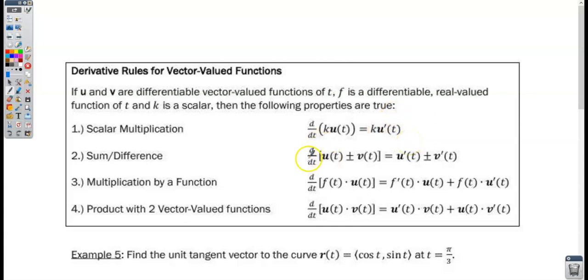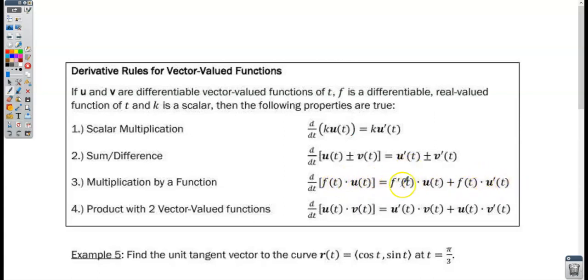Sum and difference rule: the derivative of the sum of two vector-valued functions is the sum of their individual derivatives. The derivative of the difference of two vector-valued functions is the difference of their derivatives. And then we have product rules, both for multiplication of a real-valued function and a vector-valued function, and for two vector-valued functions, where it behaves just like the product rule.